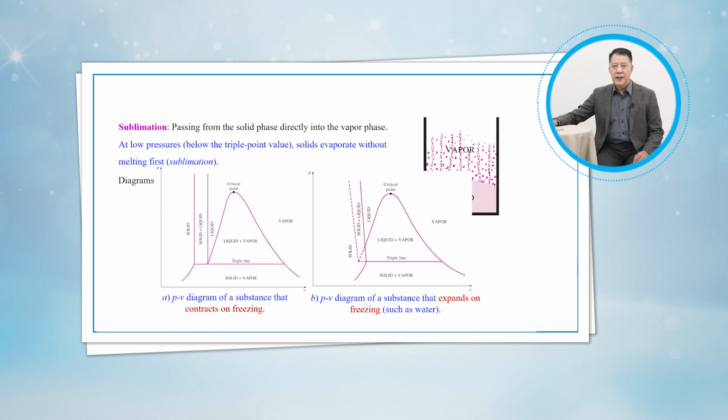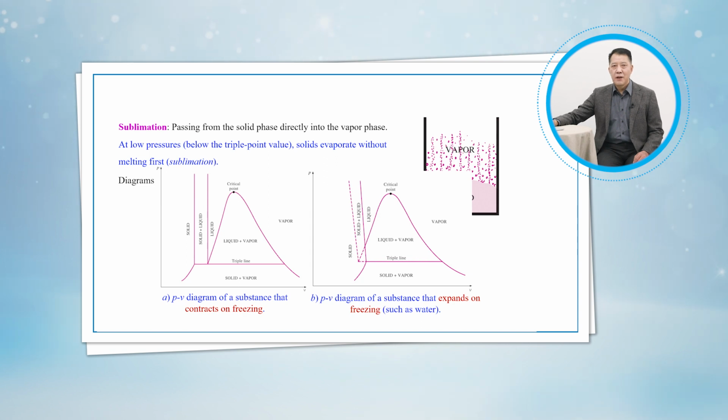The TV diagrams look very much like the PV diagrams, especially for substances that contract upon freezing. We are all familiar with two phases being in equilibrium, but under some conditions, all three phases of a pure substance coexist in equilibrium.